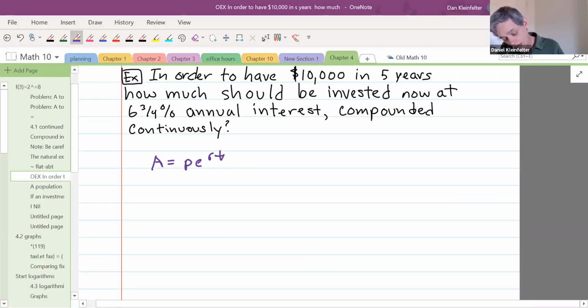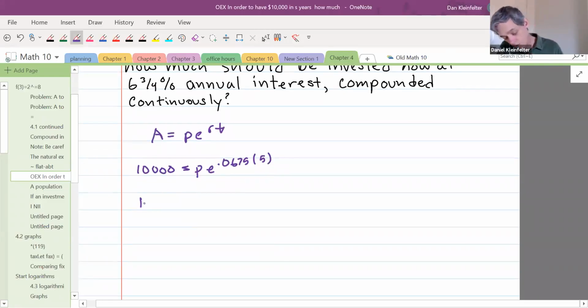And so we want to end up with 10,000. And P we don't know. The interest rate is 6.75%, which is 0.0675. And then this is going to be in 5 years. All right, so the e raised to that exponent is just a constant. And so we're going to divide by that.